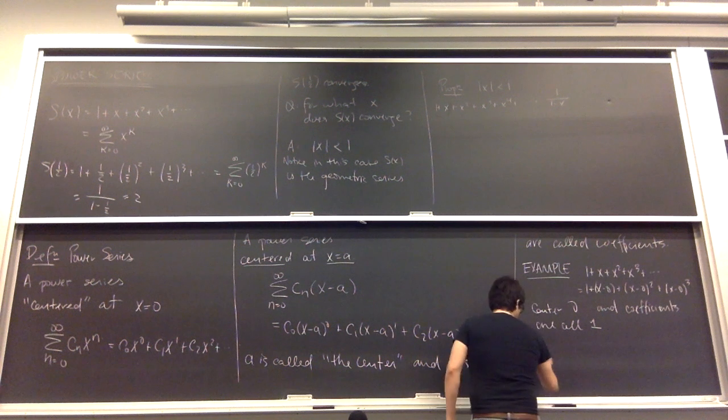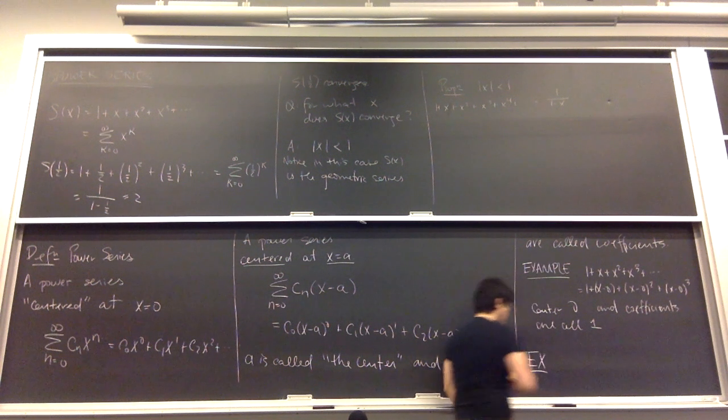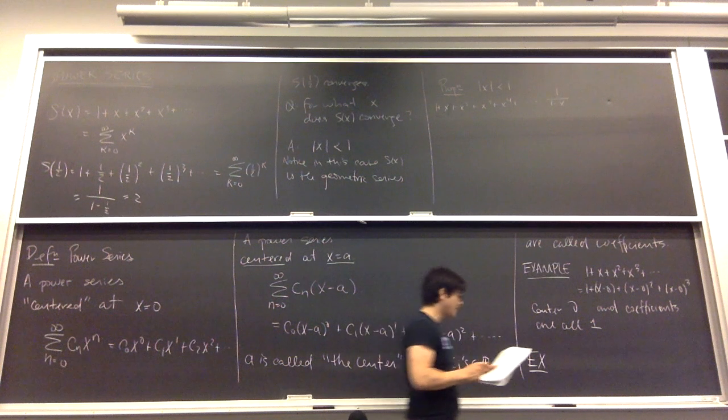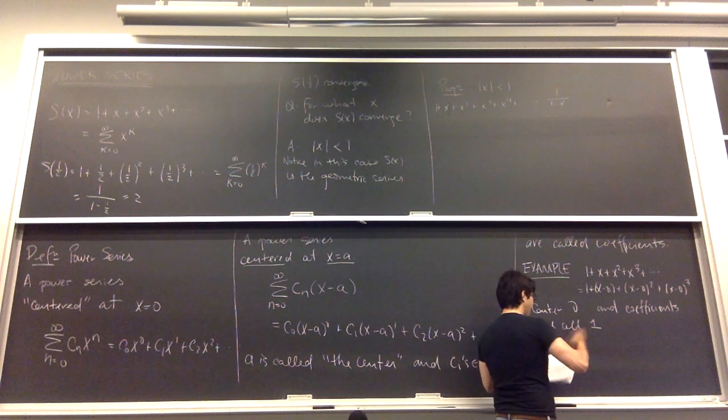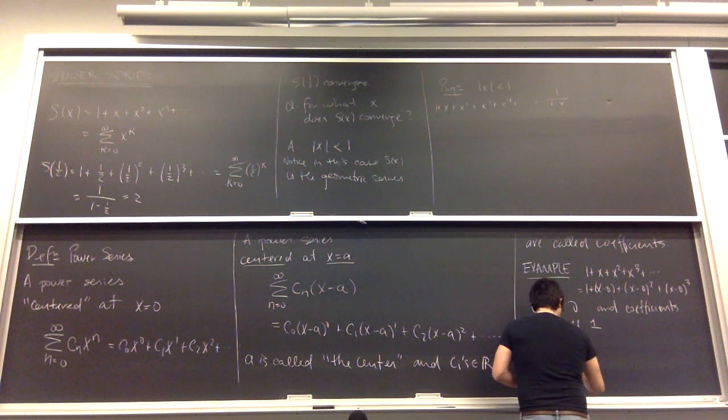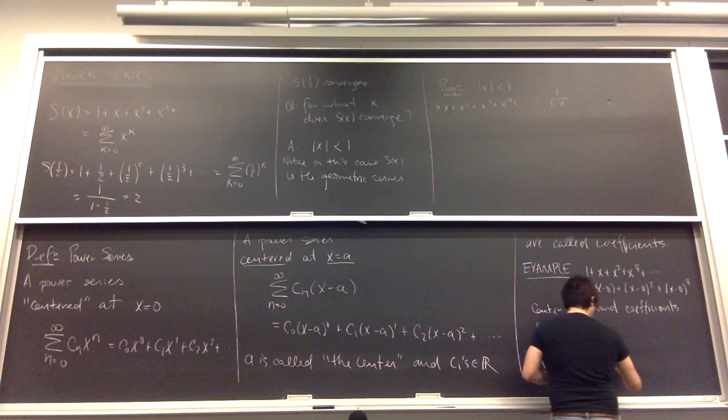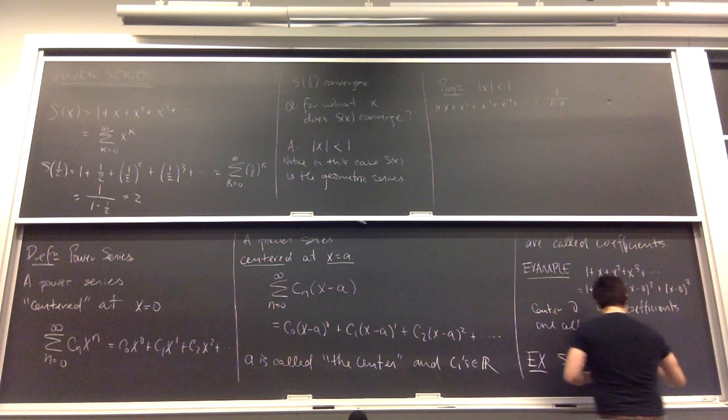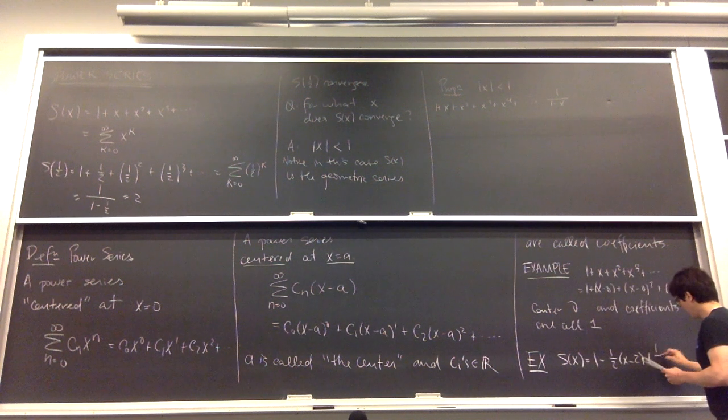So, here's an exercise for you while I wipe down the boards. I want you to tell me the center and the coefficients, and give me the pattern if you can, of this sum: 1 minus a half times (x minus 2) plus 1/4 times (x minus 2) squared.